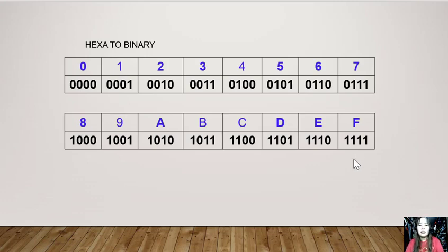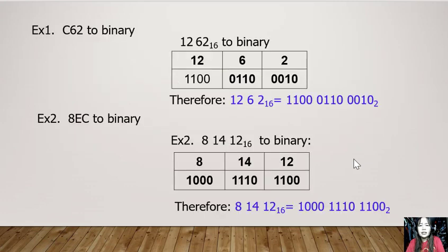So I hope you understood that representation before we move on to solving hexadecimal to binary. So as I said before, if the number given that represents hexadecimal is C62, you need to remember what is the equivalent of C. So remember 0 to 9, and then 10 is A, 11 is B, 12 is C. So convert the letters first to its equivalent.